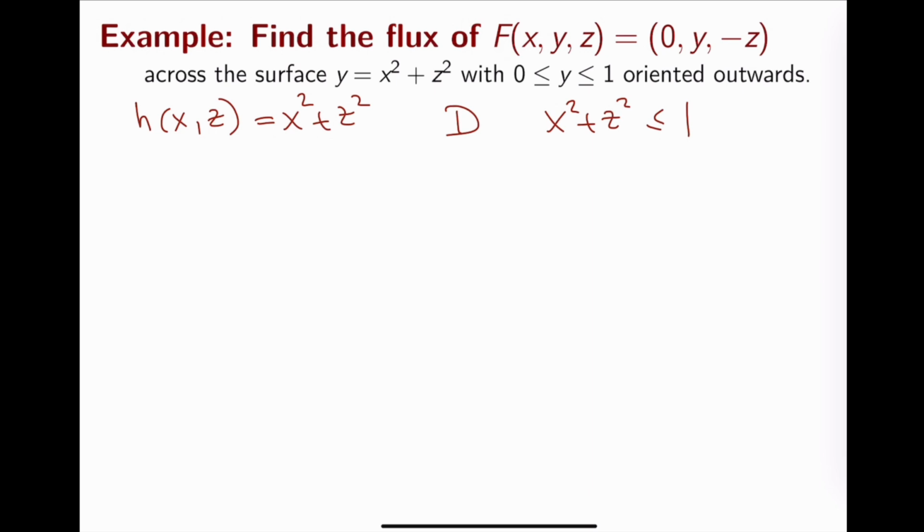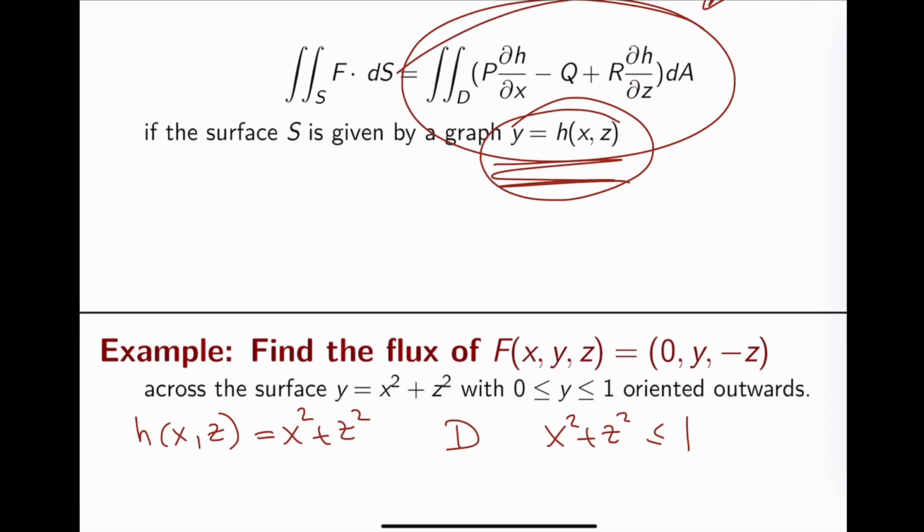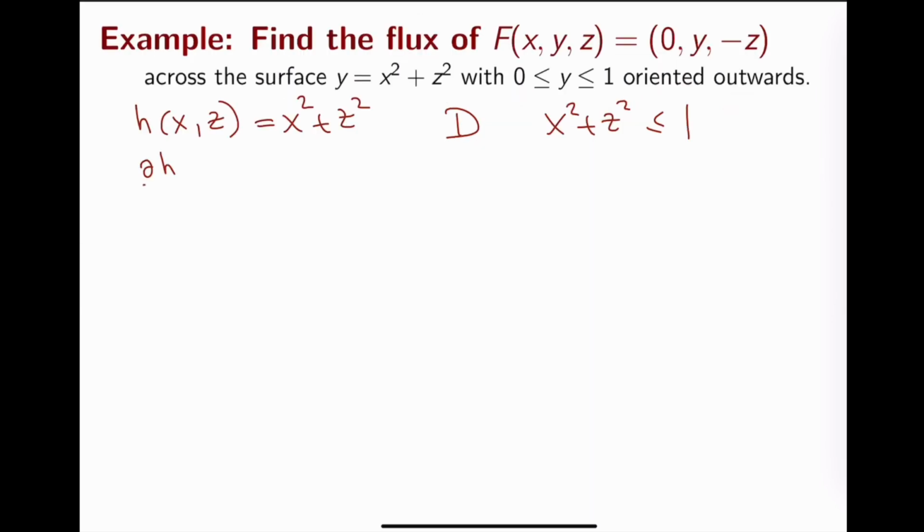Okay, so then let's do the multiplications given here. So the P, Q, and R of the vector field, that product with these other partial derivatives that appear here. Let's start by calculating the partial derivatives of h that we are going to need. So the partial derivative of h with respect to x is 2x, and the partial derivative of h with respect to z is 2z.